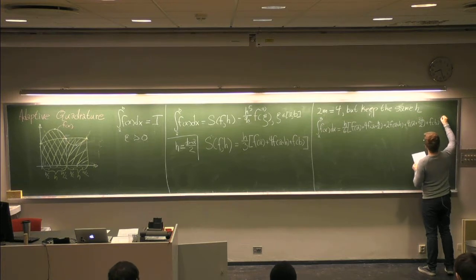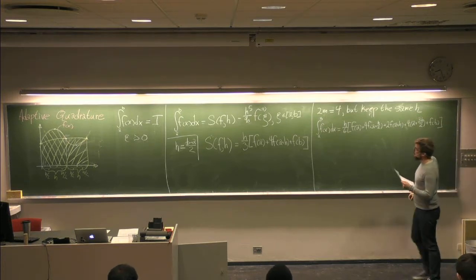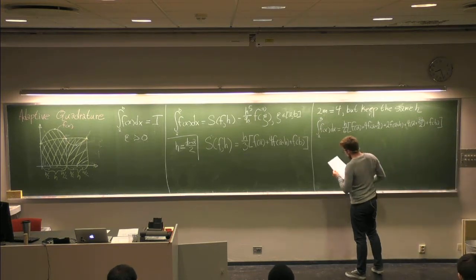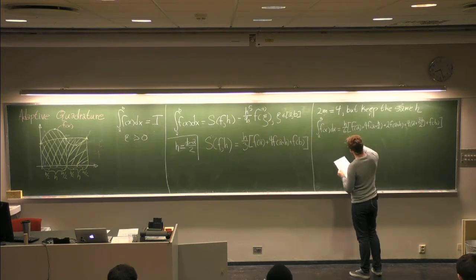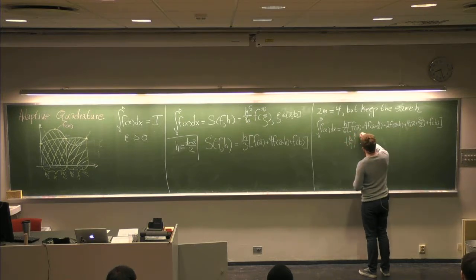In this approximation, we get the error h to the power of 4, times b minus a, over 180.